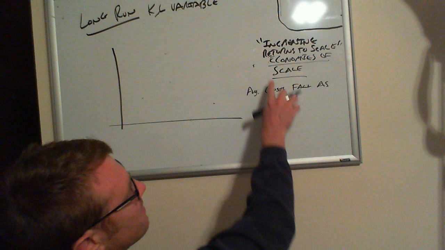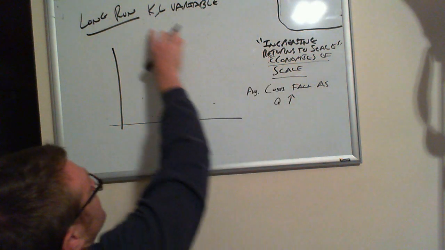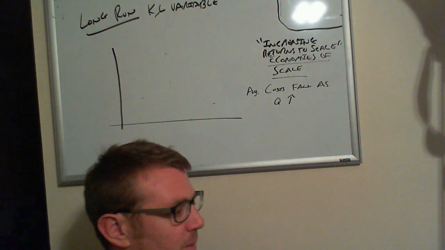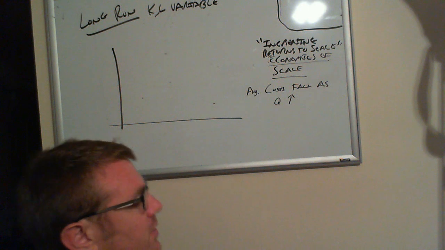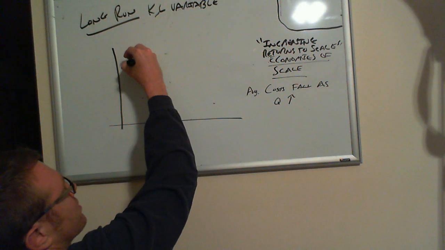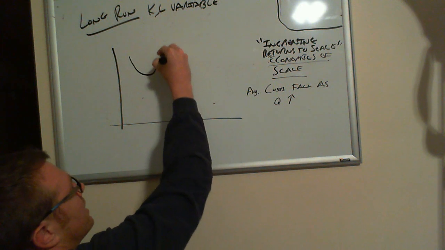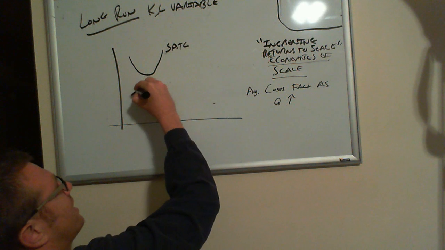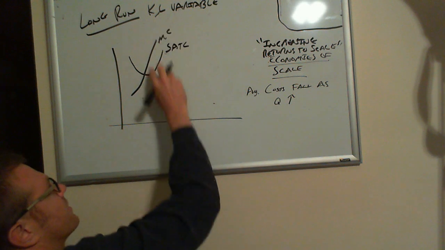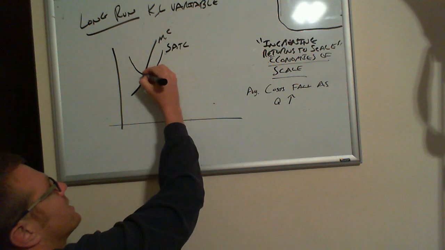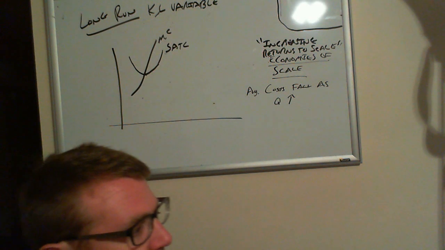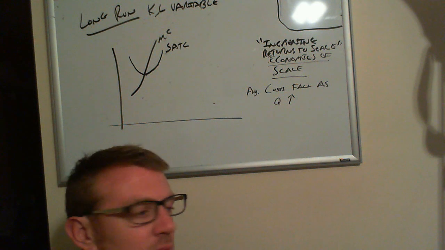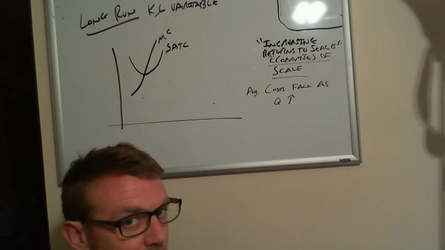So here we go. We're going to model economies of scale. This is a long run decision, and I'm going to, for comparison, talk about the short run as well. So let's get a short run average total cost. Here on a short run average total cost, and we can put a marginal cost curve through it if you like. Check yourself that when you've drawn that, you have marginal cost going through the minimum of the short run average total cost curve.